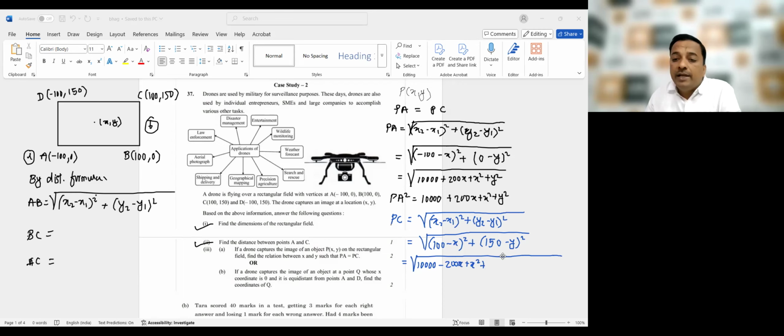Here again, square of 150 is 22,500, minus 300y plus y square. Then PC square is equal to 10,000 plus 22,500, which becomes 32,500, minus 200x minus 300y plus x square plus y square.